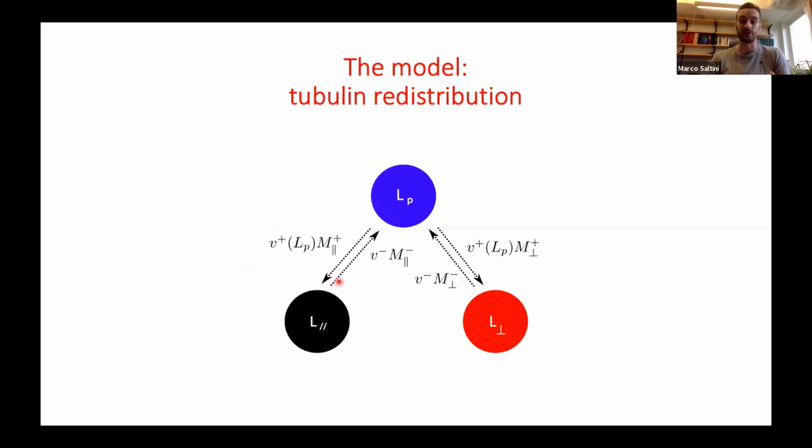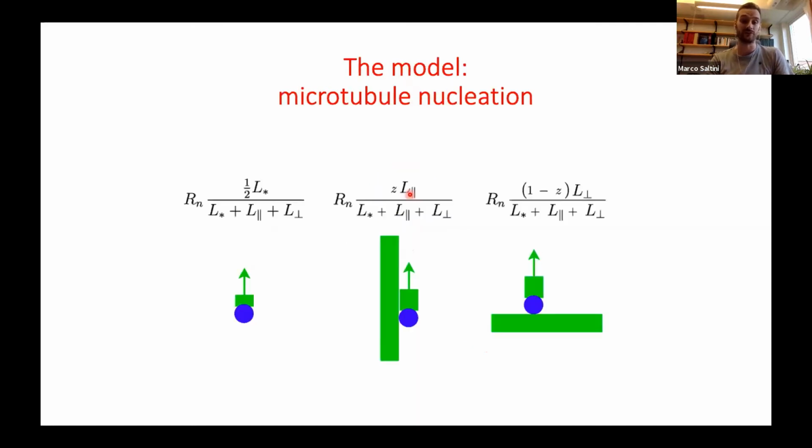And when they shrink, they release building material back to the tubulin pool. Not only the growth speed of microtubules is dependent on the amount of free tubulin, but also the nucleation rate of new microtubules. Here, we try to make it, again, as simple as possible, just by saying that there are two possible modes of nucleation of new microtubules.